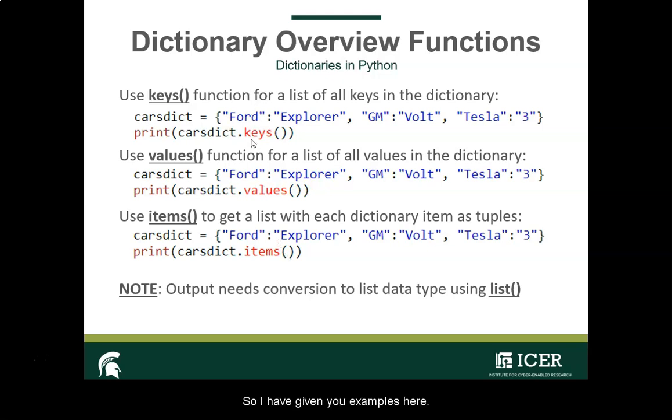So I have given you examples here. Please try them out in Python and note their output. Keep in mind, though, that if you're dealing with the items function, the output will need conversion to a list data type using the list function if you are going to modify your items.